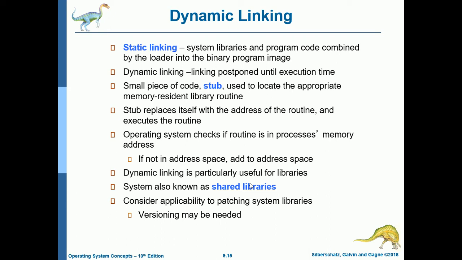The stub replaces itself with the address of the routine and executes the routine. The operating system checks if the routine is in the process's memory address space; if not, it adds it to the address space. Dynamic linking is particularly useful for libraries. System libraries are also known as shared libraries. Consider applicability to patching system libraries. Versioning may be needed.